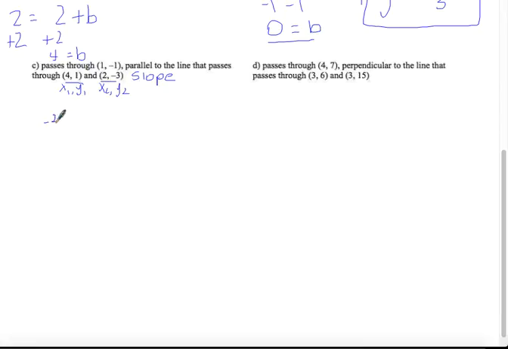So the slope of our line is going to be negative 3 minus 1 over 2 minus 4, which is negative 4 over negative 2, which simplifies down to positive 2. So that's the slope both of this line and the line that we want. So parallel lines, those are same slope.